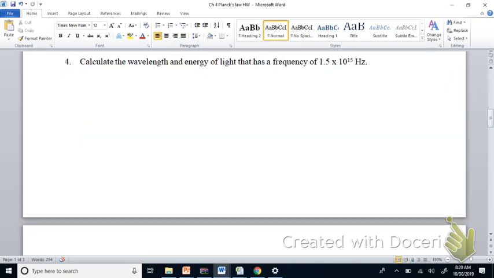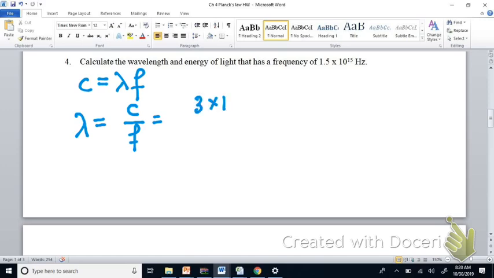Moving on to question number 4. We want to calculate the wavelength and energy of light that has a given frequency. Again, I would begin by calculating the wavelength. We know that C equals lambda F. So lambda is C divided by F. C is 3 times 10 to the 8 meters per second.